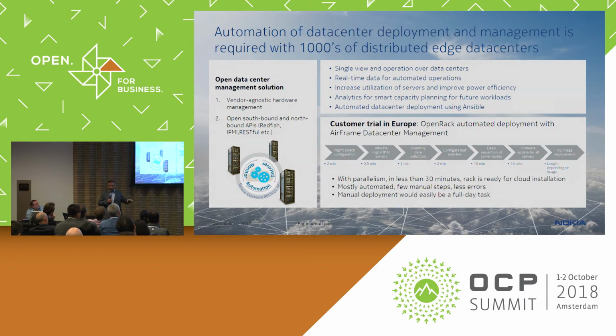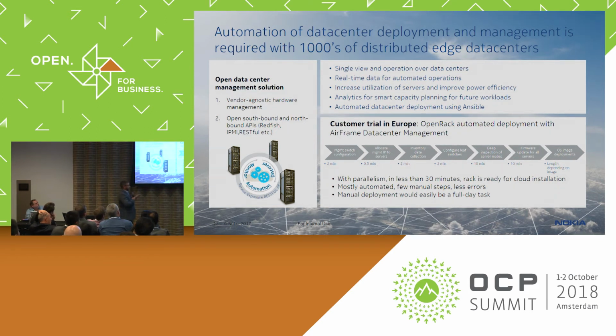so that we can actually handle all these distributed data centers from a single pane of glass. Actually here is an example that it can be achieved. So with this kind of open management software, we can actually automate the hardware deployment and management to a great extent.